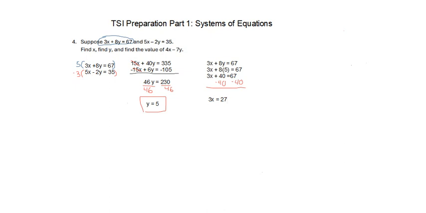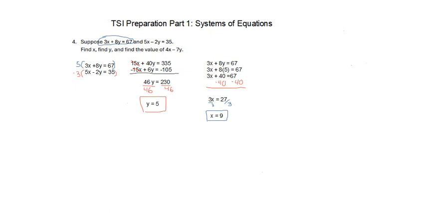The last step is to divide both sides by 3. That means x is equal to 9. And there's our second answer. So we have y equals 5 and x equals 9.